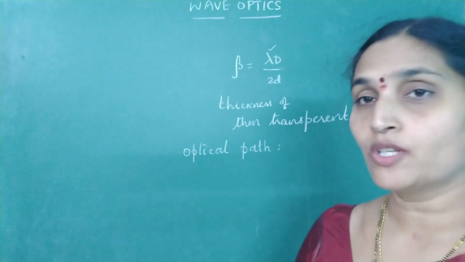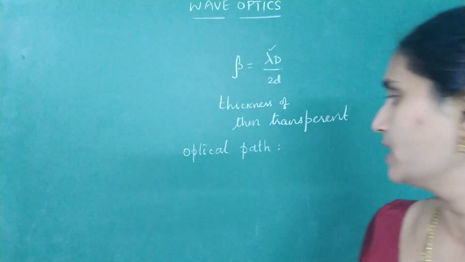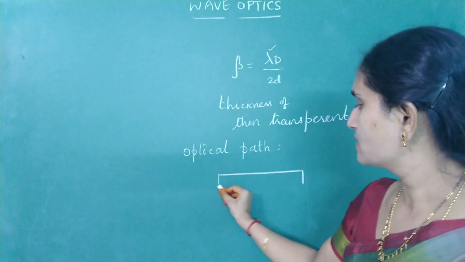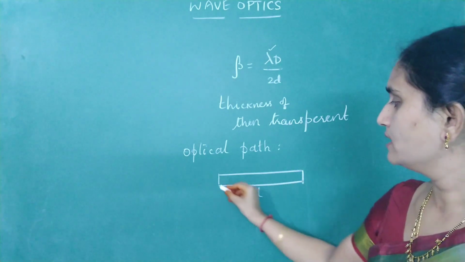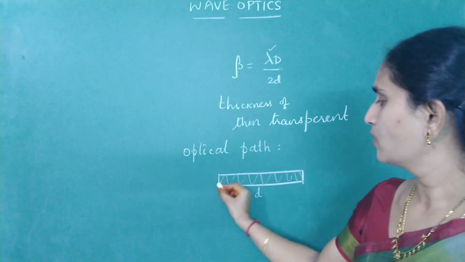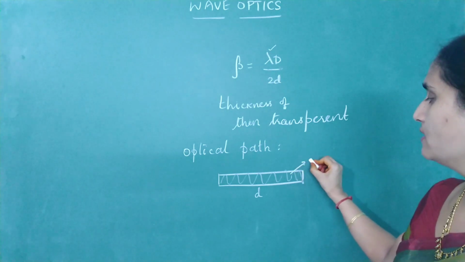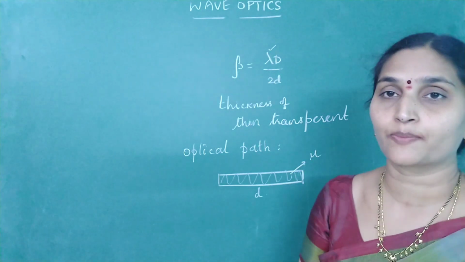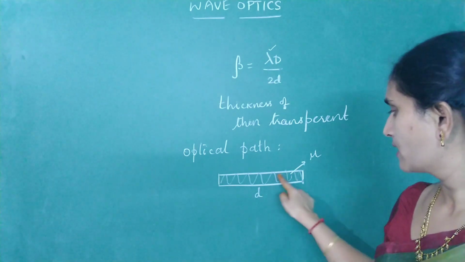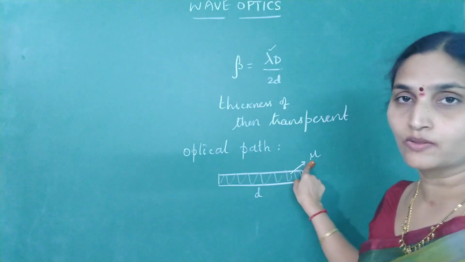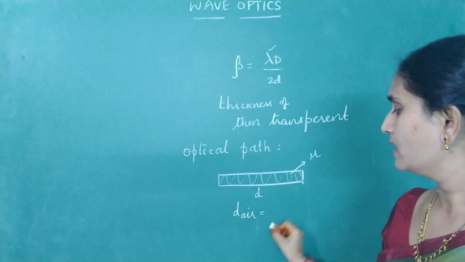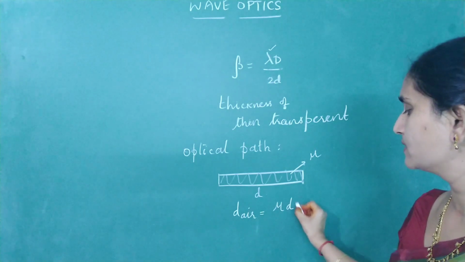Now coming to the optical path, to understand this, let us suppose light is travelling a distance d inside a medium. I took a medium, whose thickness is t, and this medium has a refractive index mu with respect to air. So if light travels a distance d in a medium whose refractive index is mu, the equivalent distance in air is given by mu times d.